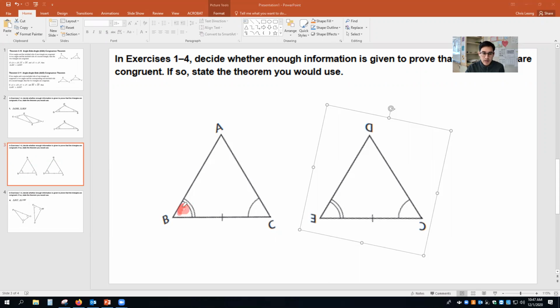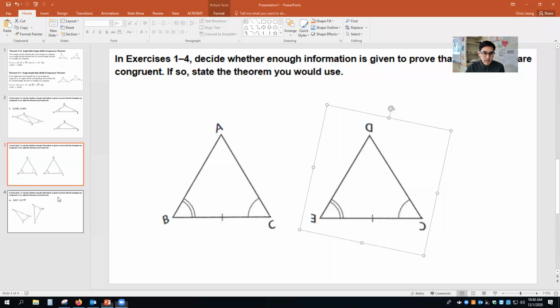I've got an angle followed by a side followed by an angle. The same marked angle, the same marked side, and the same marked angle. So these two triangles show an angle, side, angle pattern. That is the theorem that we would use to say that they are congruent. These two triangles are congruent to each other because of the angle-side-angle theorem.